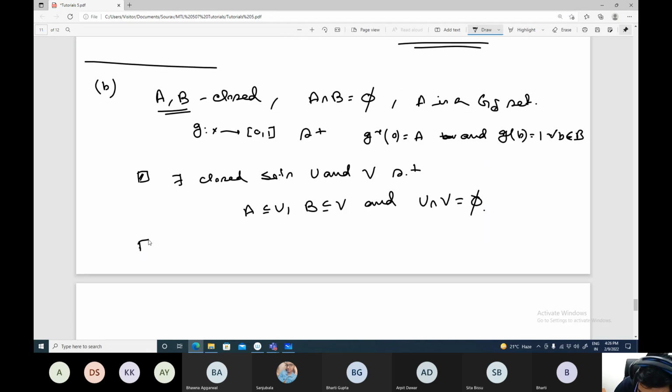Then, since A is a G delta set, you take A as intersection of open sets, say Vn.